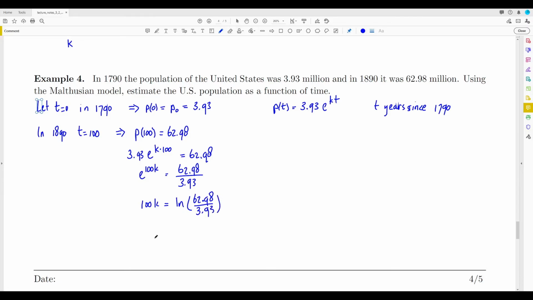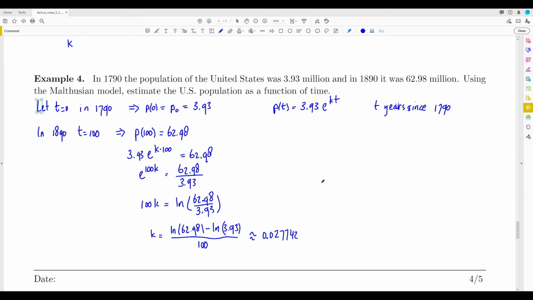And then finally, I divide by 100, and I get that k equals ln 62.98 minus ln of 3.93, all over 100. And that gives me approximately 0.027742.